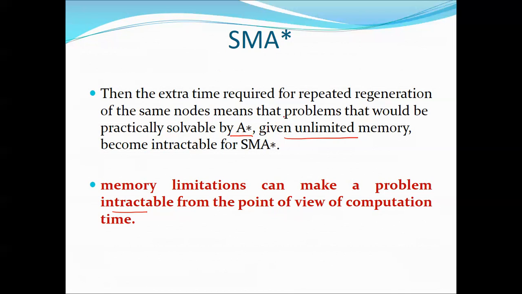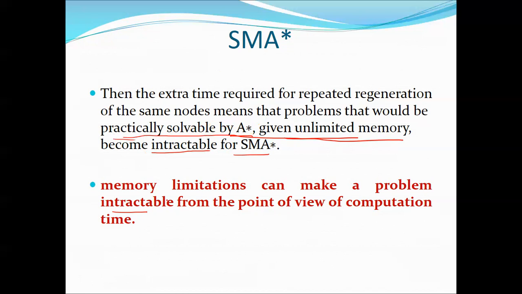If unlimited memory is given, then any problem is solvable by A star. But the same problem may become unsolvable, that is, intractable, for SMA star, because SMA star sometimes may get into this thrashing problem.